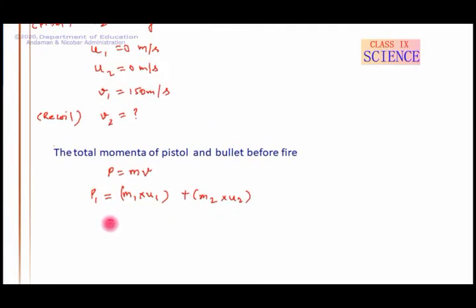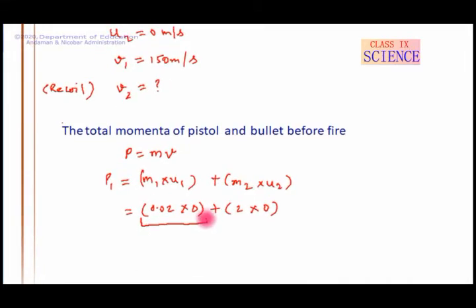By substituting the values, we get 0.02 kg multiplied by initial velocity 0, plus 2 kg multiplied by initial velocity of the pistol, again 0. This is the momentum of the bullet before fire and this is the momentum of the pistol before fire. When we add them, we get the total momenta of pistol and bullet before fire. This will become 0 kg meter per second, right.